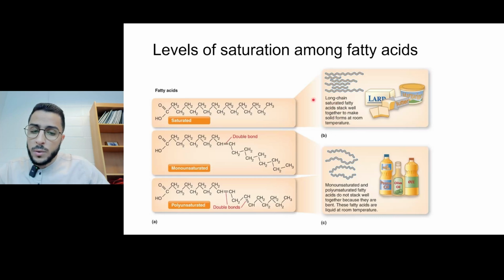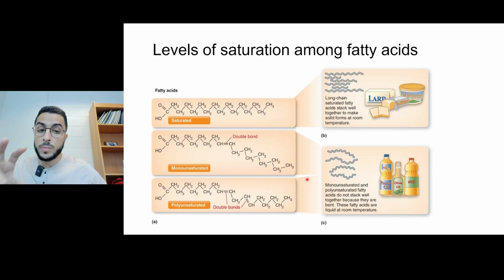when we talk about, as I just mentioned, long saturated fatty acids, they do stack well together, and so they form solids at room temperature. If they're a bit shorter, then they have a chance of making just an oil, for example, instead of something solid like this. Okay? And so monounsaturated and polyunsaturated fatty acids do not stack well together, and because of that, they make liquid fats at room temperature.